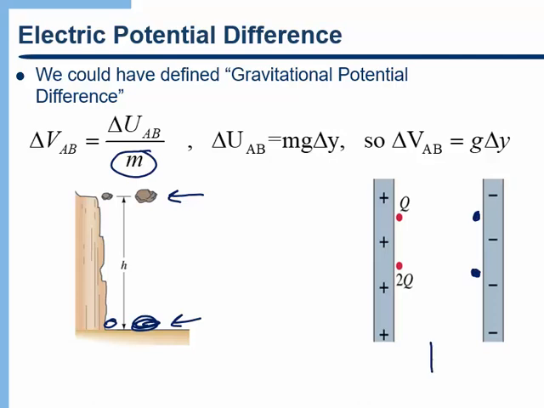We're going to be doing problems where we connect a battery across these two plates of 1,000 volts. Well, that is the electric potential difference between the two plates. So that's the thing we usually know in an electrical problem. We know the electric potential difference, and then we can use that to calculate the change in potential energy for any particular charge.